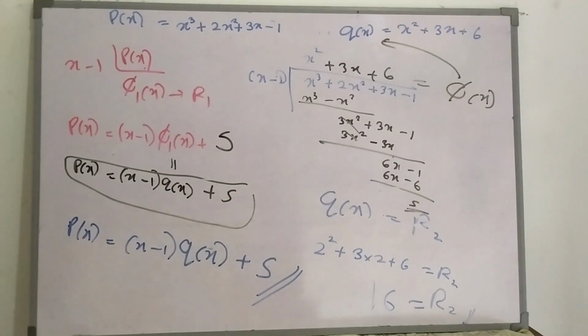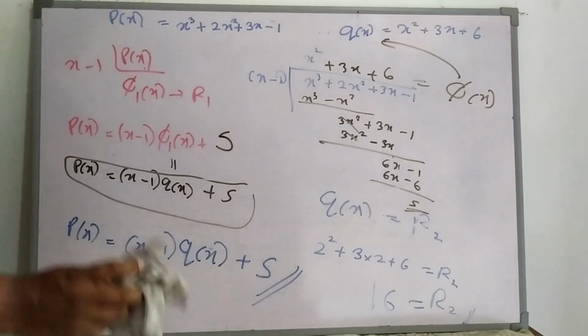Right. So what we're going to do now, again, is write P(x) and divide by (x minus 1)(x minus 2). I think all of you are thinking about it that way, but I am using another way.